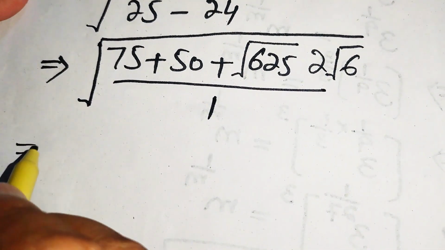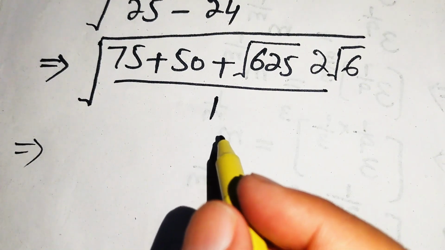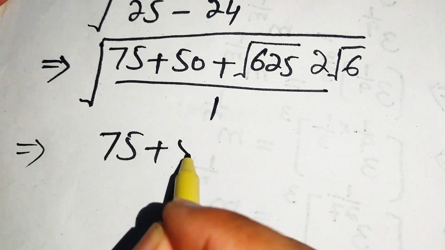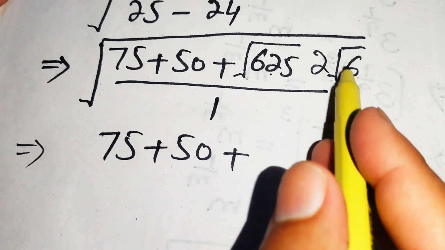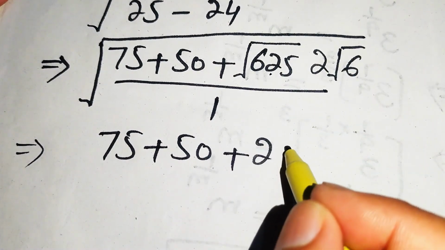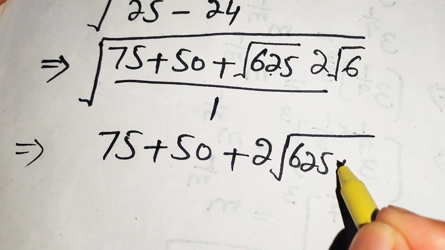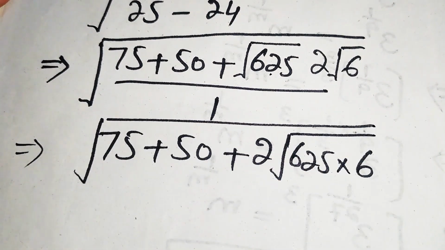After that we see here 75 plus 50 plus, we just combine the square roots of these two terms and write it as the square root of 625 multiplied by 6.